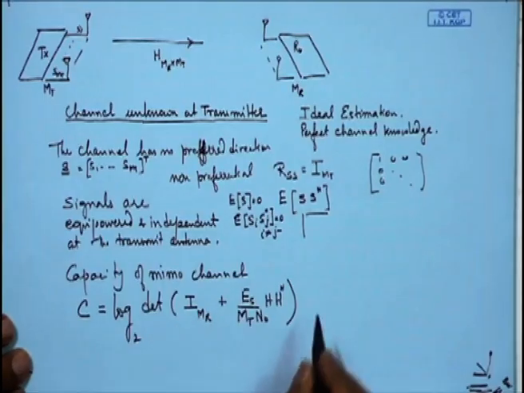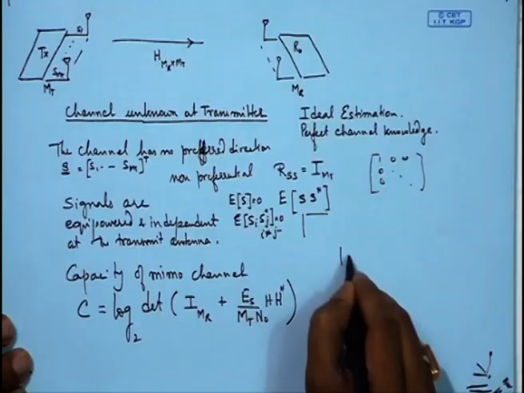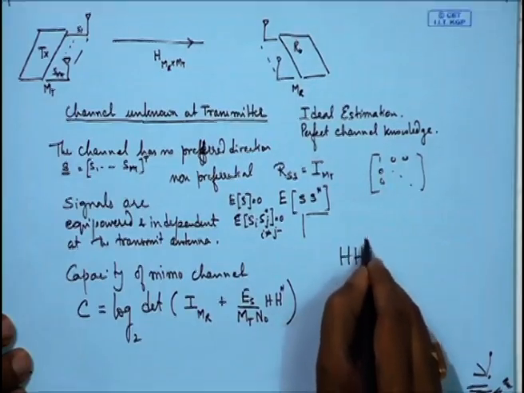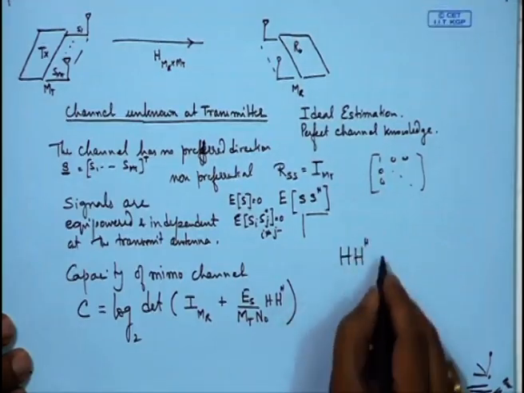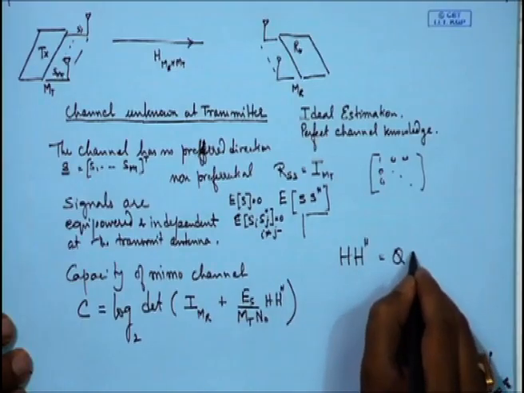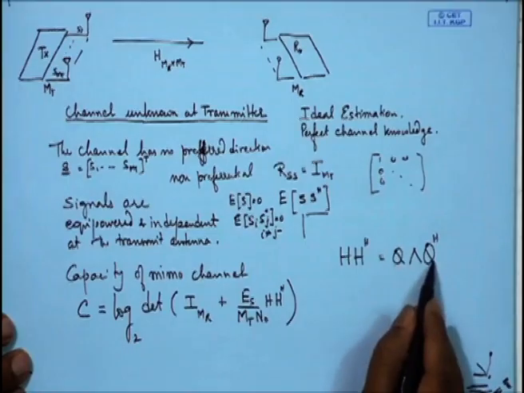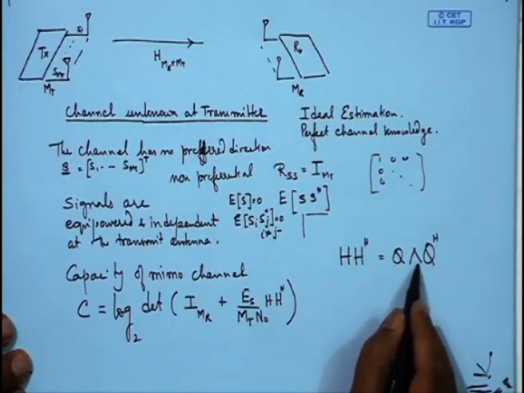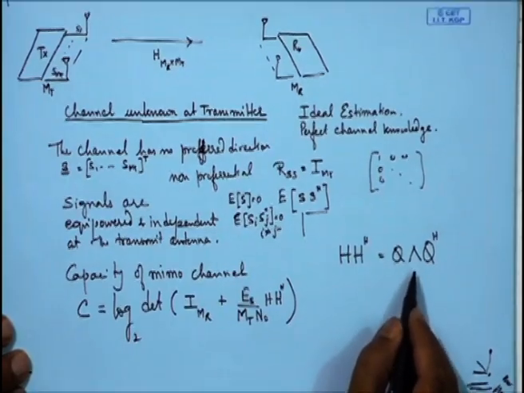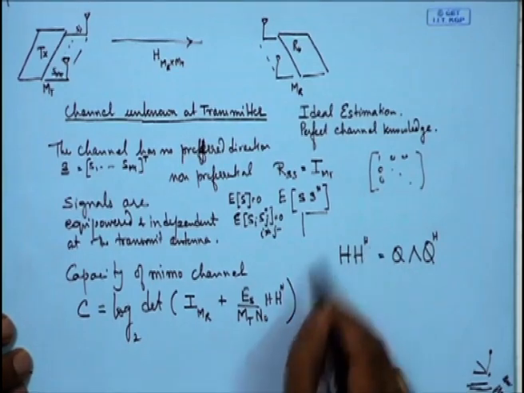So now we say that H H Hermitian, this is a Hermitian matrix, it's a square matrix. It could be factorized into Q lambda Q Hermitian, where Q are orthonormal matrices and lambda is the diagonal matrix made of the eigenvalues of H H Hermitian.